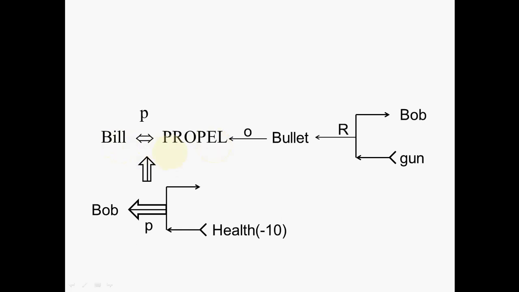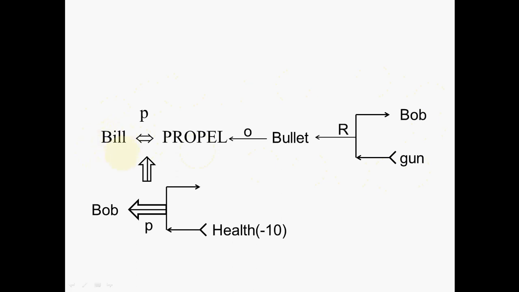So Bill propel, that means after pulling the trigger the bullet propelled, no? What is the object for propel? Bullet. And from where did the bullet propel? For that you require a recipient relation. The bullet which was initially in the gun propelled, and who received it? Bob. So this is the meaning of the cause of the action.